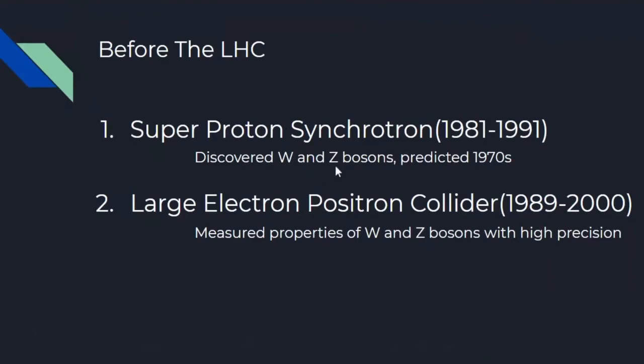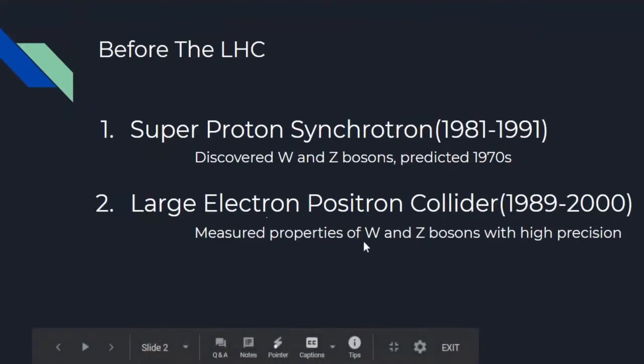This just means that the protons are 400 times more massive than their rest mass, and I'll tell why in a bit. The Large Electron Positron Collider acted as a particle accelerator for electrons and their antimatter pair, positrons, but it was only able to accelerate the electron up to 209 giga electron volt.